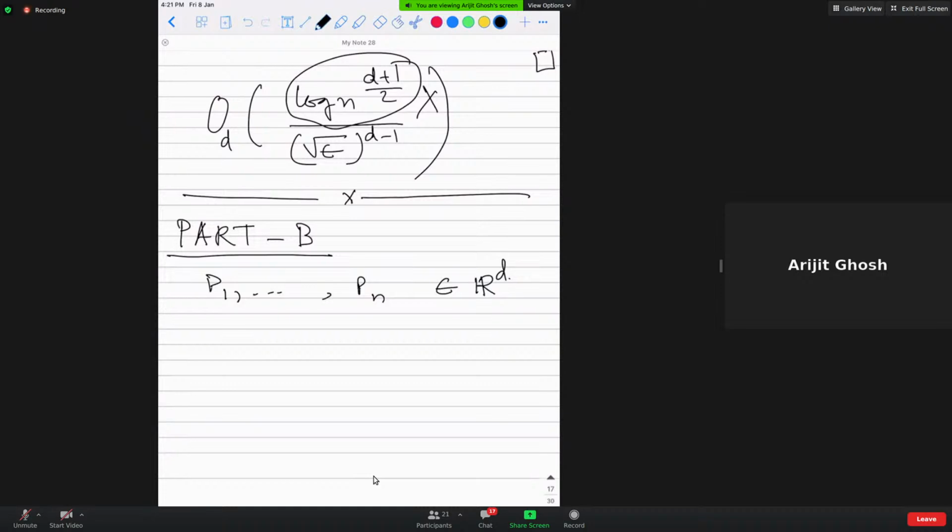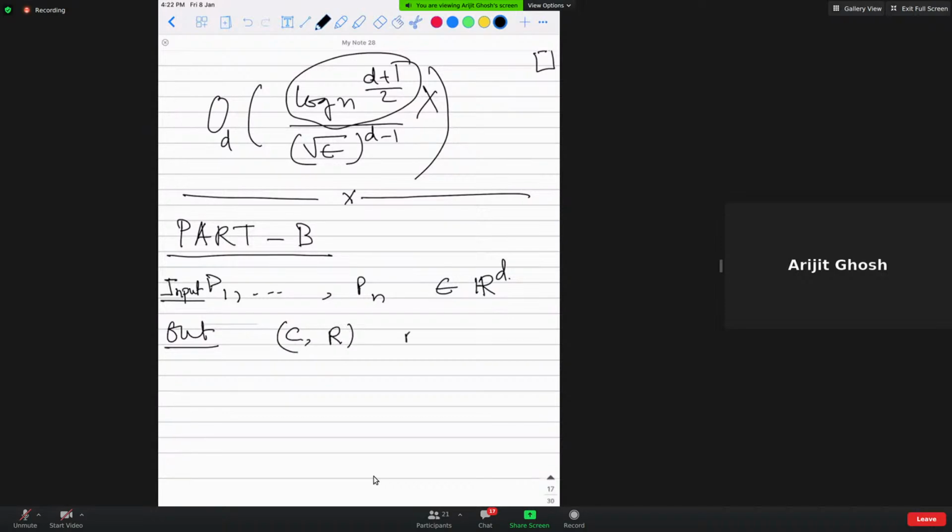One way is to formulate an LP actually. Not exactly an LP, it's a convex program, but with linear constraints. The way to think about it is the following. You have been given as input this set of points. What is the output? A center and a radius.